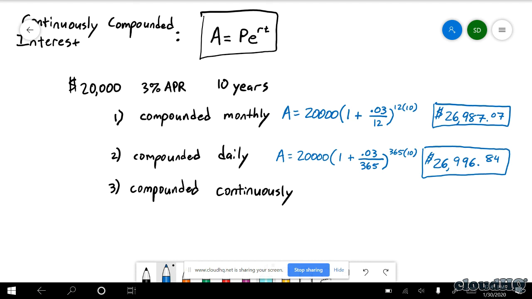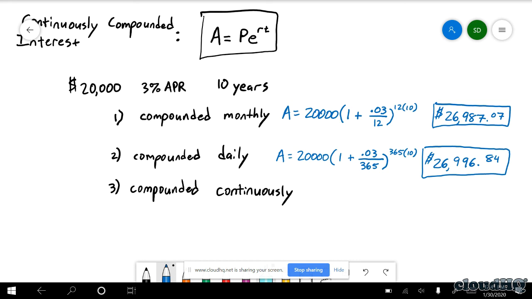So any guesses before we do this next one? Any guesses what might happen if we compound it continuously? You think it's going to hit 27,000? Here's some no's. Anybody think so? Yes. Yeah, maybe.